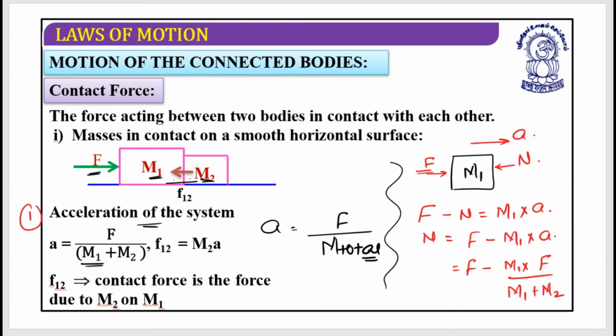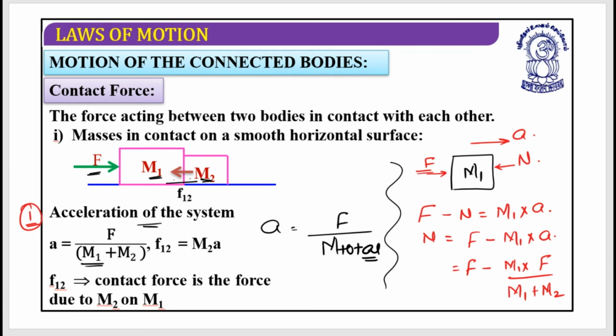So always remember that your first priority and first task would be to calculate the acceleration of the system. Once you do it, you move forward and find the remaining things. So first task, always calculate the acceleration of the system, then the remaining things.